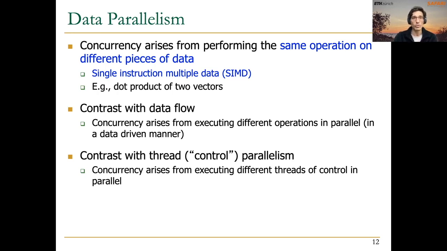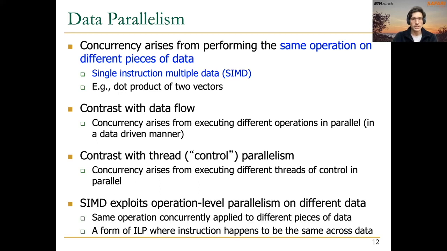If you think about a multi-core machine, there you will have multiple execution threads running on the cores, and each of the threads can be executing a completely different program and operating on completely different data. SIMD exploits operation level parallelism on different data. So this is a way of exploiting instruction level parallelism, but the instruction is the same instruction for all the execution units and all the data elements.